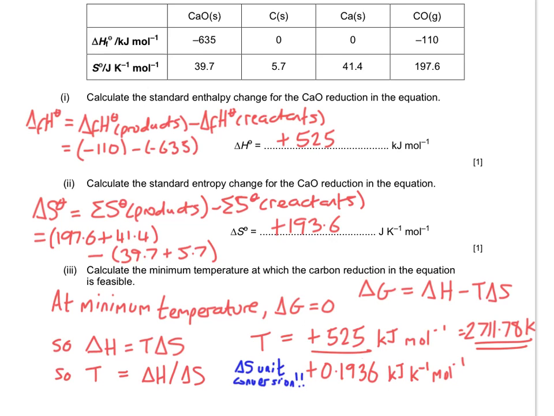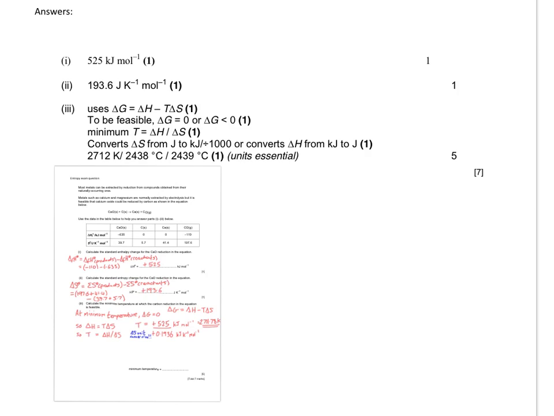Let's now have a look at the mark scheme to see what we picked up. You can see quite clearly that we've got 525 and plus 193.6. We used delta G equals delta H minus T delta S. We said delta G equals 0.